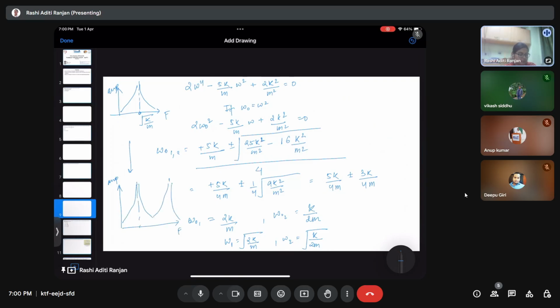But by the modal analysis, now I know the values of these two frequencies. Okay, so that is why the modal analysis is important.